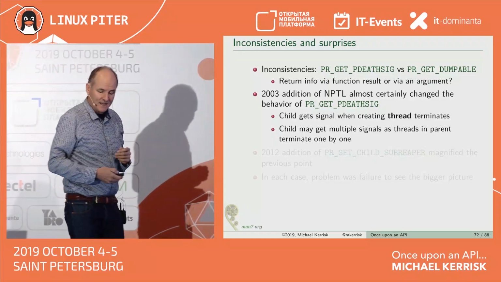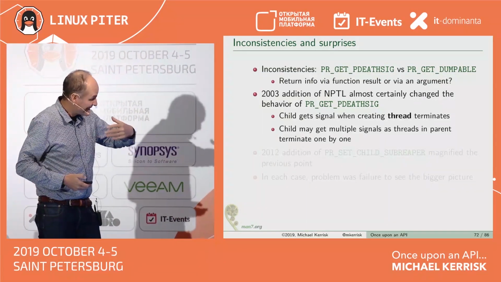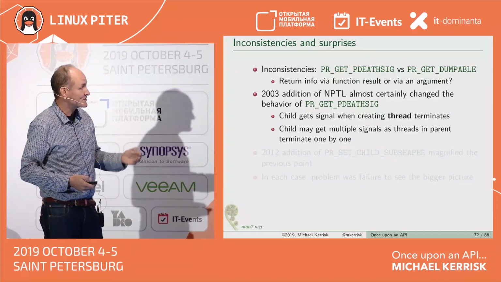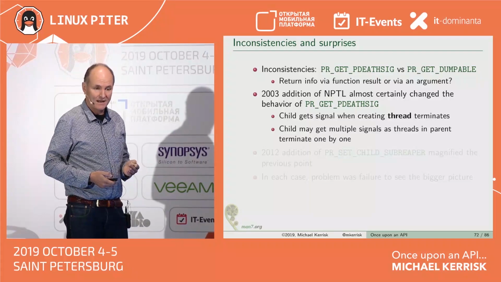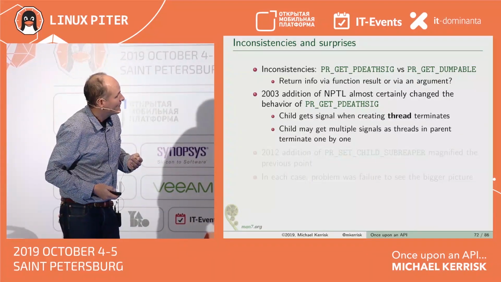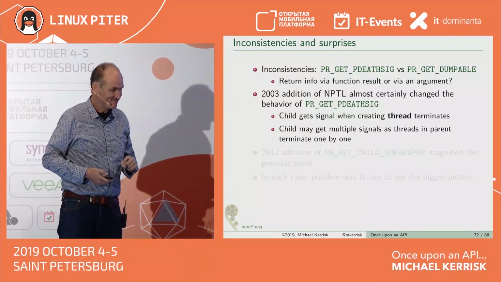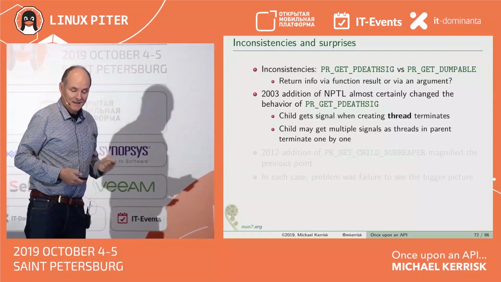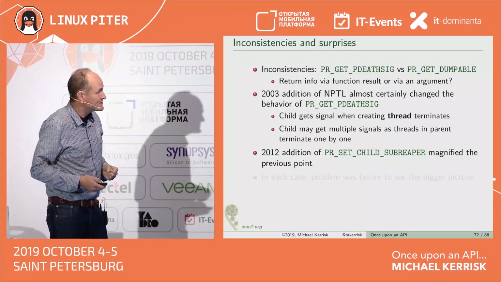The addition of NPTL, the native POSIX threading implementation in Linux, in 2003 almost certainly changed the behavior of, oh, that's a typo there. It should say prctl PDEATHSIG. Okay, and the point is, we get this strange behavior with multi-threaded processes.